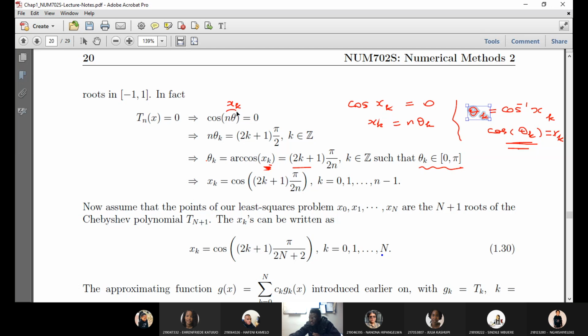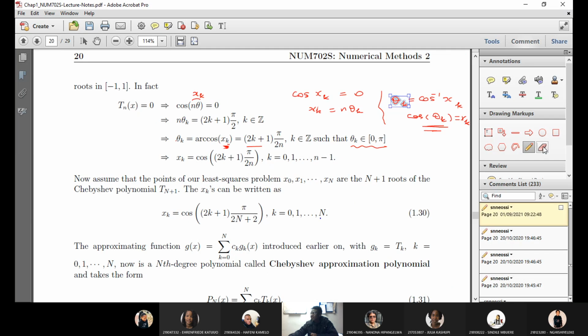The x that I wrote here is just to indicate that I'm solving cosine x equal to 0. But this x is not the same, because remember that in our definition of theta, we define in terms of x, right? So that's why here when you write this is not this x, right? I could have written just x here to avoid confusion. I'm emphasizing on that so that people do not get confused.